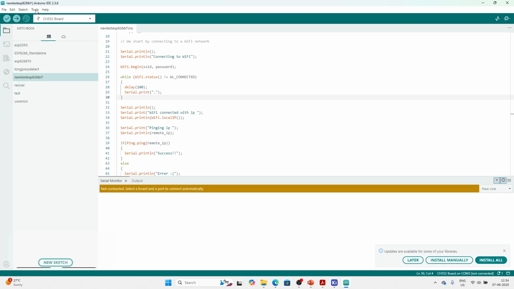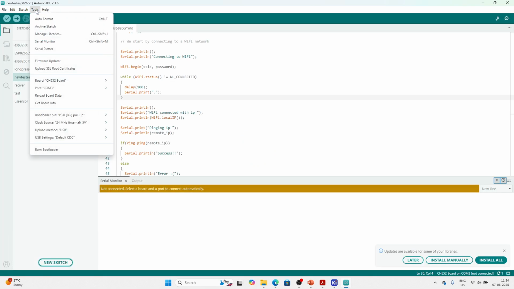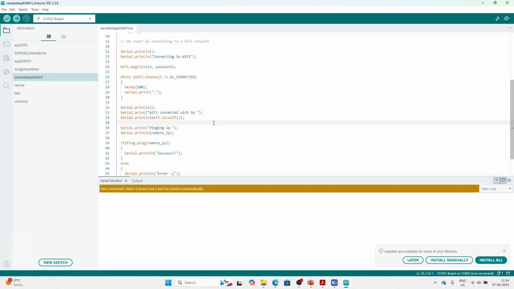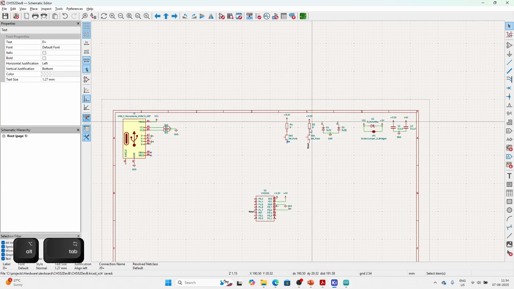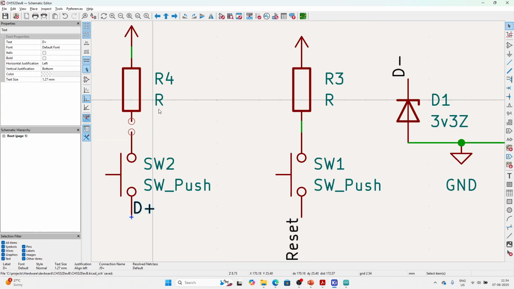Okay, the Arduino IDE finally opened up. I've selected the board CH552 here. If you see the bootloader pin here, it works at pin 3.6 pulled up. That's the reason why I'm utilizing it on 3.6 itself and not on 3.7.